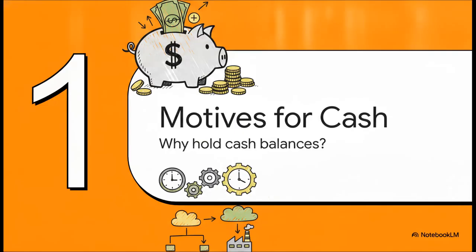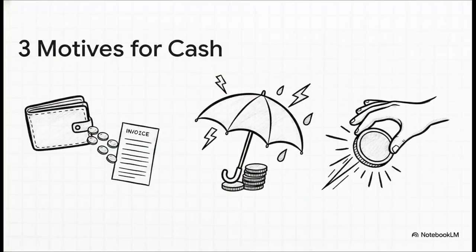Starting off with Section 1, Motives for Holding Cash. You see, every single dollar a business decides to hold serves one of three very distinct purposes. First up is the transactions motive. This is just the gritty reality of day-to-day operations, right? Paying suppliers, making payroll, covering utility bills, keeping the lights on. Next, we have the precautionary motive. Think of this as the ultimate safety buffer.